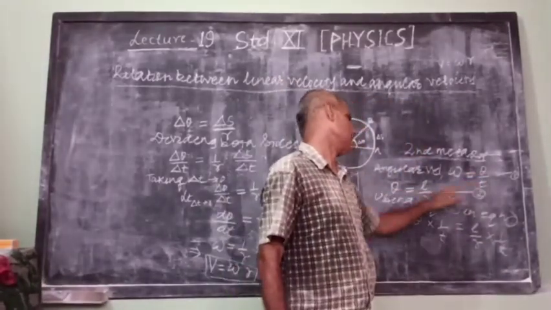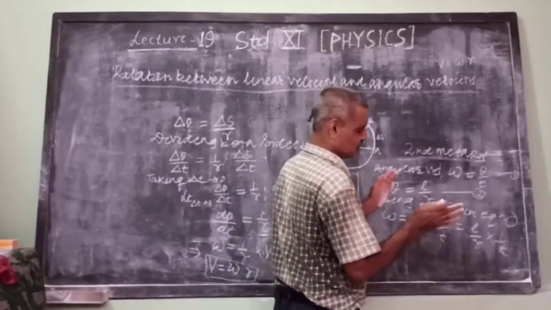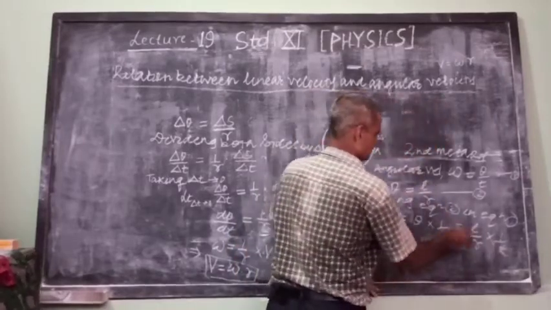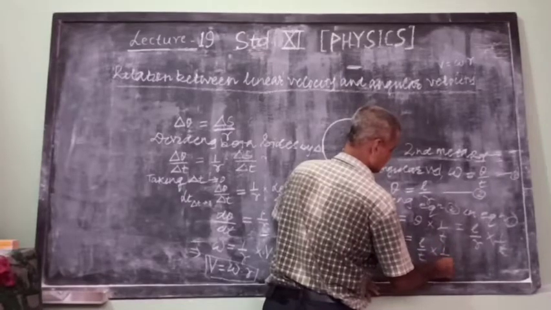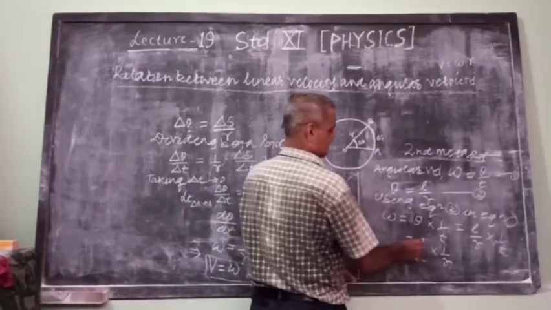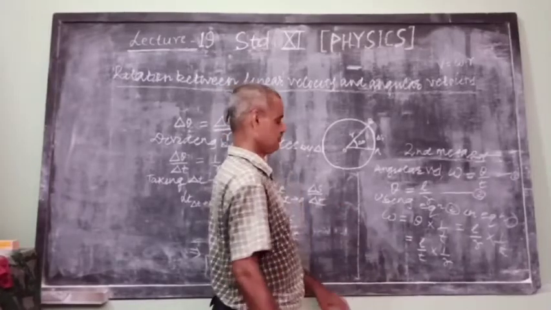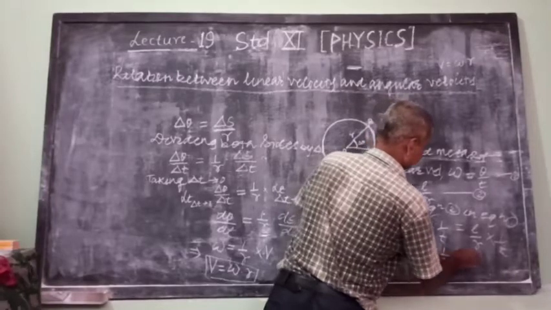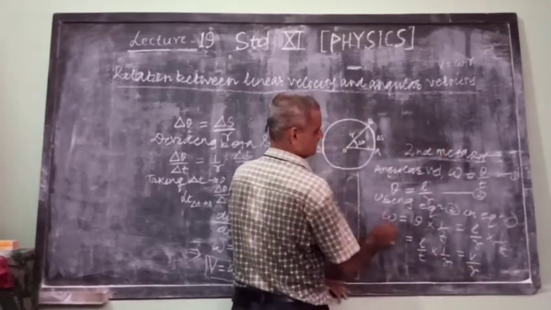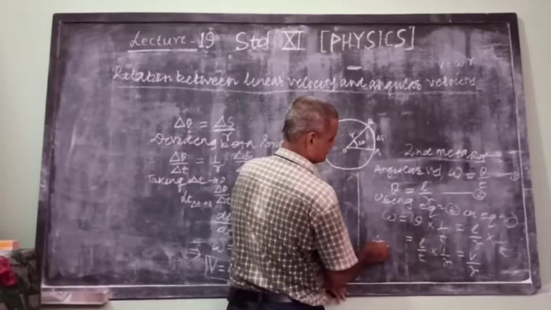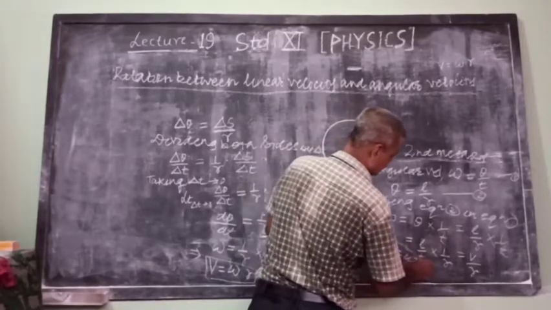This was your theta by t, the value of theta was L by R. Now you arrange according to your requirement: L by t into 1 by R. L by t can be written as V, so V by R. So omega is equal to V by R. Therefore, V is equal to omega R. This is a very simple method.